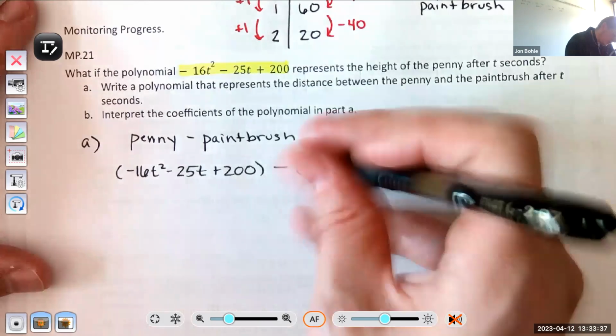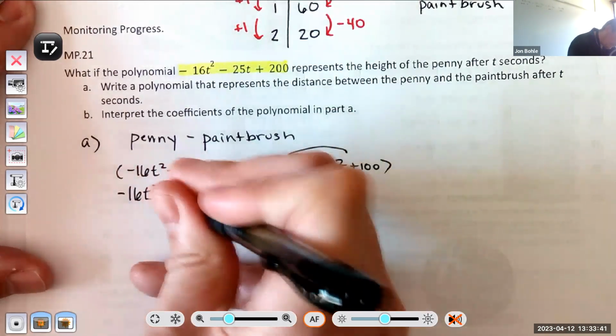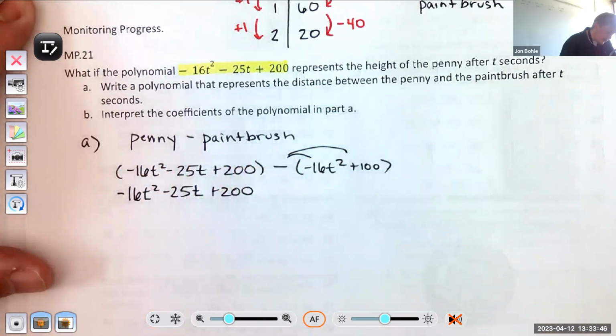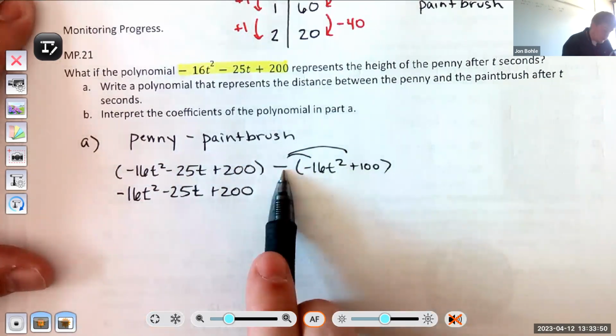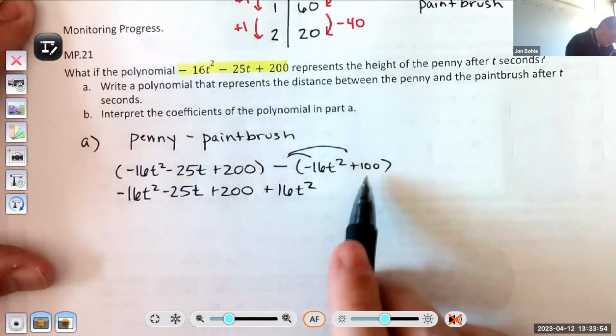Okay, simplify this expression here. Left one stays the same. Right side, opposite of each. So negative here will be positive here. Positive here will be negative here.